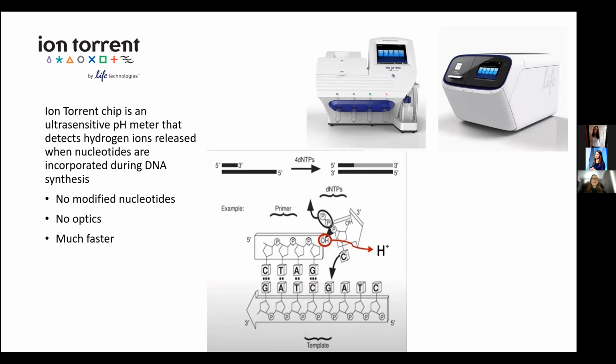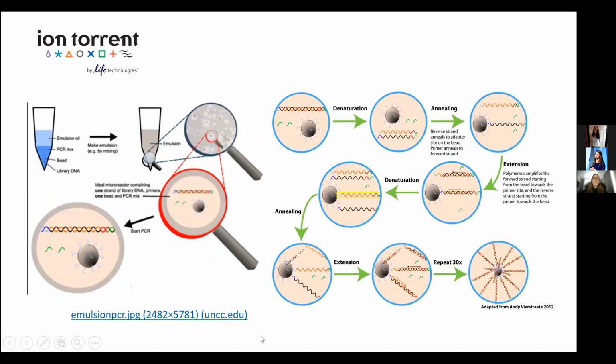But the technology is still a wash and scan system, like all current second-generation technologies, requiring PCR amplification of the DNA in each well, as well as termination events that typically halt the sequencing after each nucleotide is incorporated. Also, no modified nucleotides are necessary.